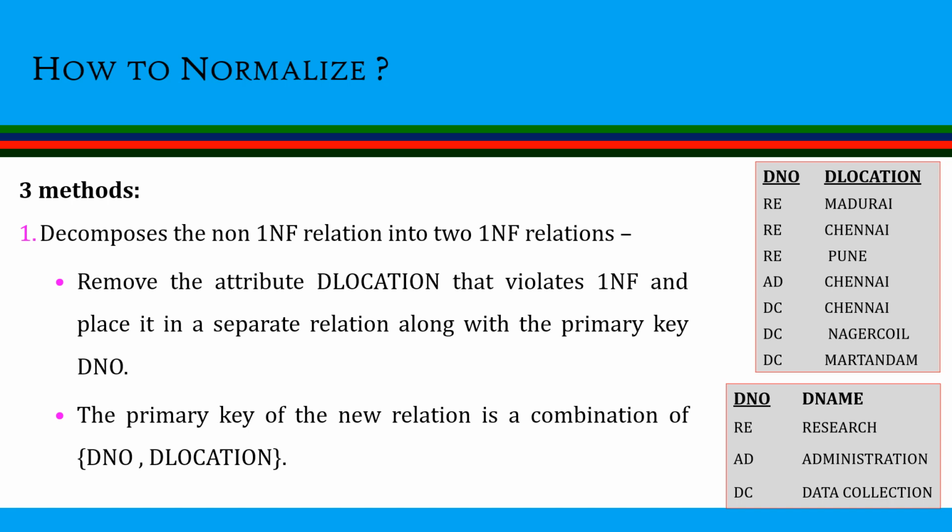So we can have two relations. The attribute D location is removed and placed in a separate relation along with the primary key. So we have two tables: D number and D location, then D number and D name. The primary key of the new relation is a combination of D number, D location. This is one of the methods for removing the repeating groups.